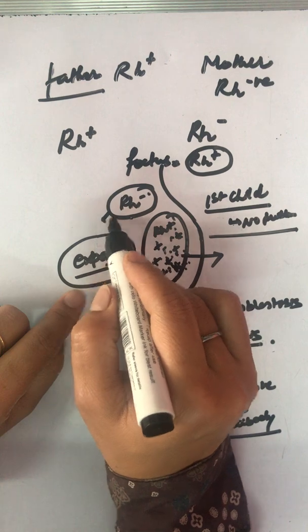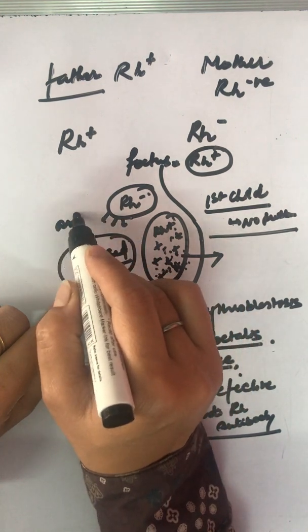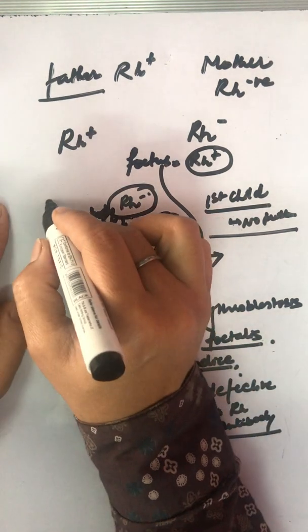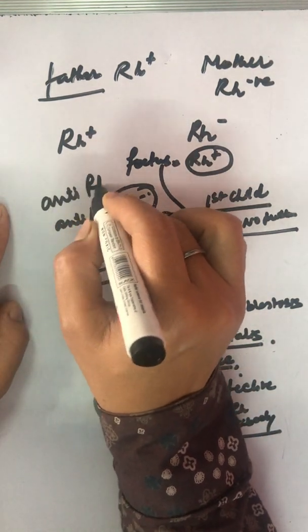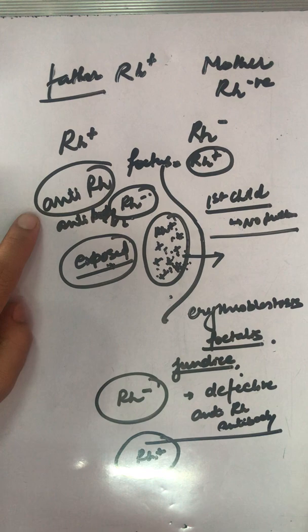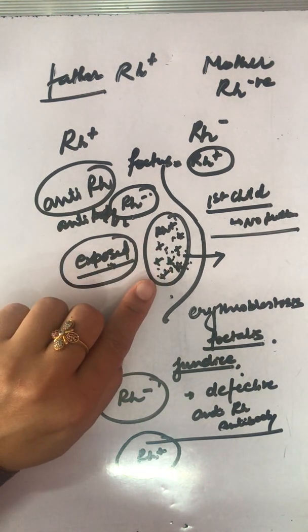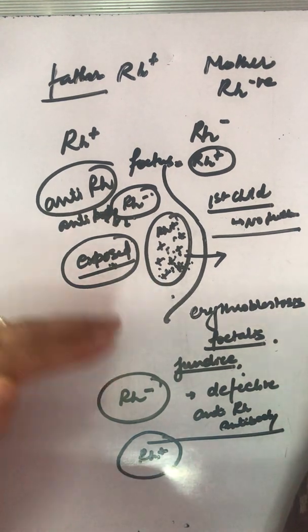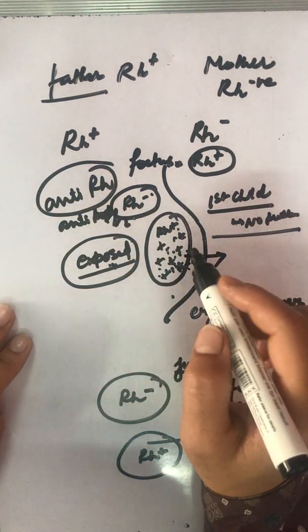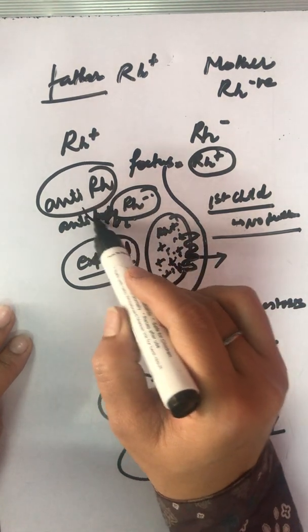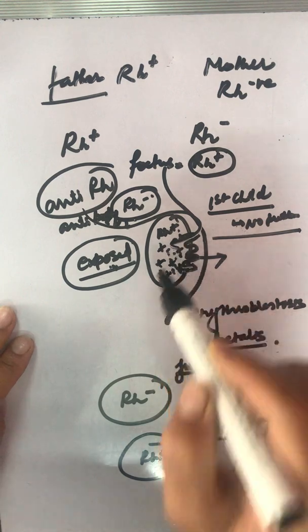She will start preparing antibodies, anti-Rh antibodies, to kill these positive antigens which are there in the fetus. During the second pregnancy, when there is transfusion between the mother and the fetus blood, these Rh antibodies will also travel.